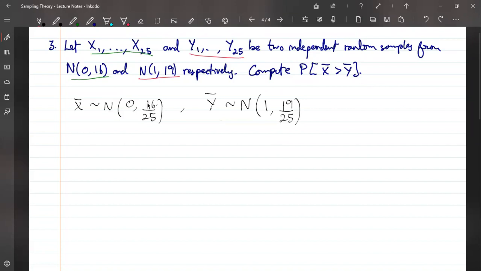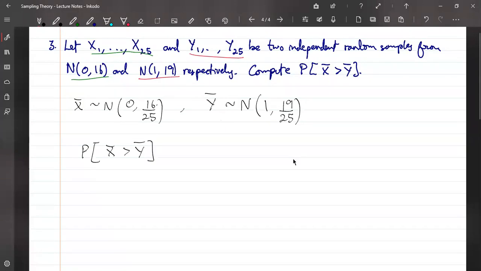But firstly, these are two normal distributions. So you probably cannot find the answer by integrating anything because the integral would involve non-integrable functions, e to the power minus x square or something more complicated. But again, luckily, these are normal distributions and we can rewrite the question in this way.